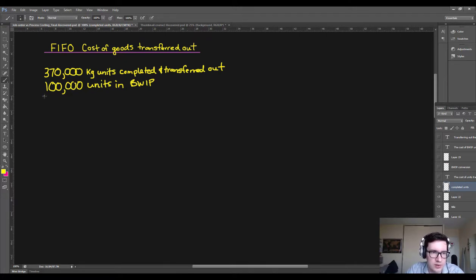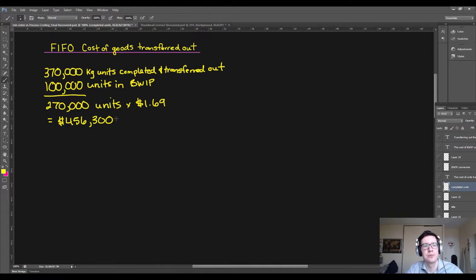So I'm going to subtract the 100,000 and we're going to be left with 270,000 units. And we're going to multiply this by the cost per equivalent unit, which is $1.69. And the total of that is going to be 456,300.